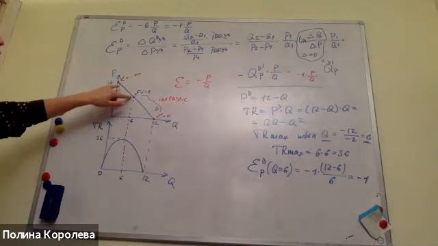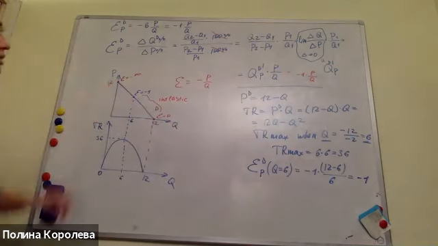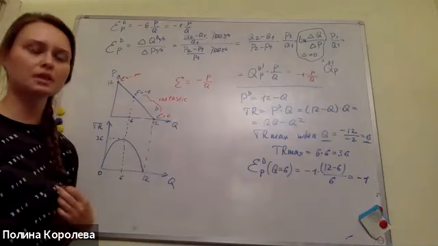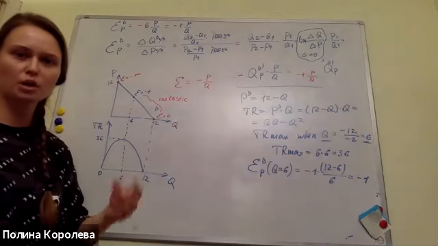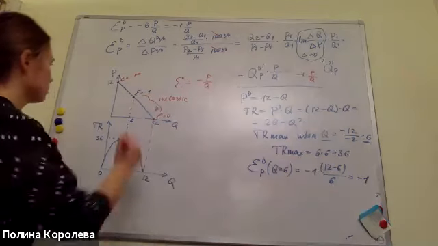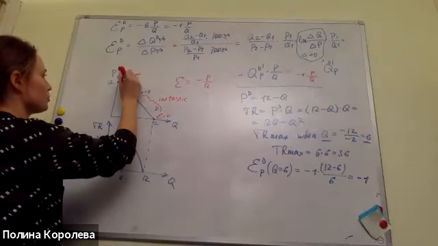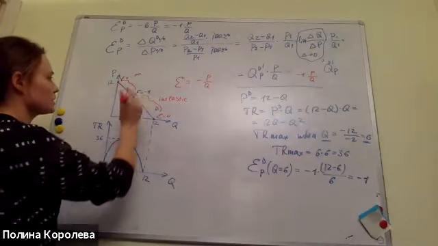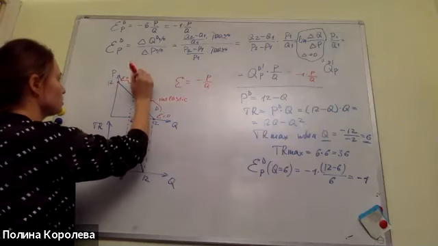And when elasticity is from -1 to -infinity, what does that mean? That means that a 1% change in price will change our quantity demanded by more than 1%. So a very strong reaction of buyers. So this is the elastic part of demand.